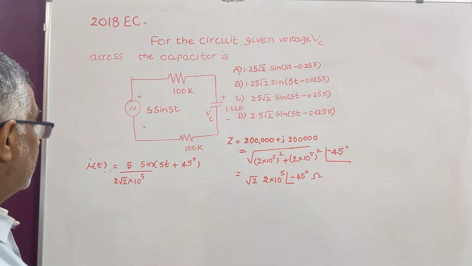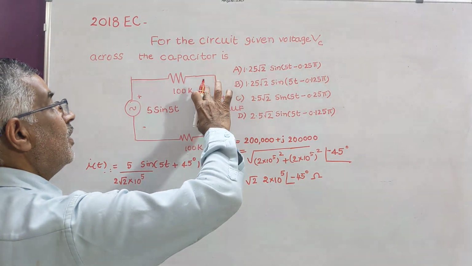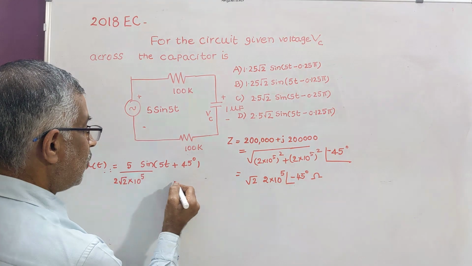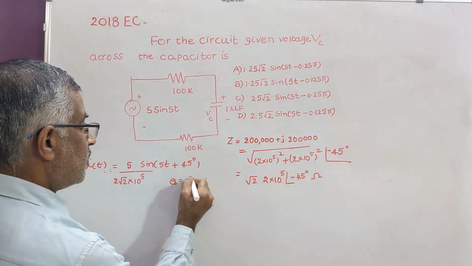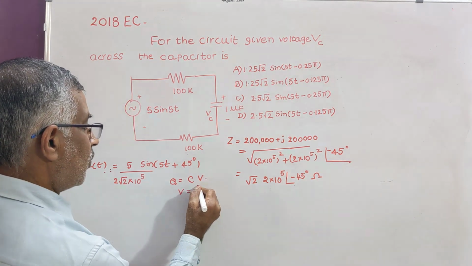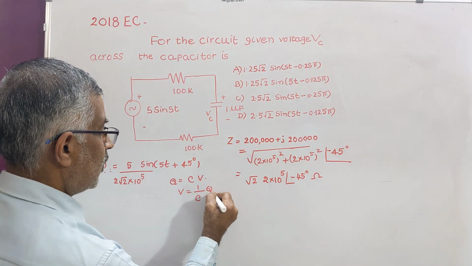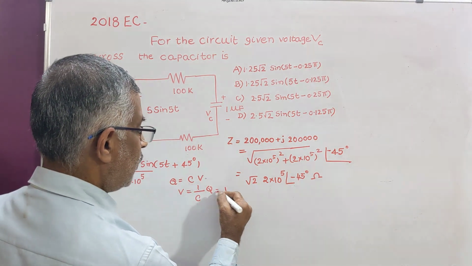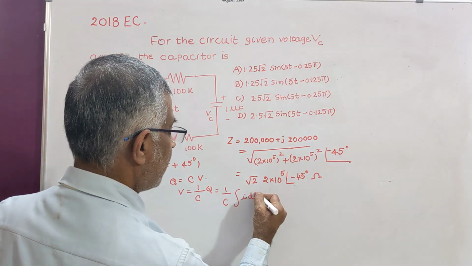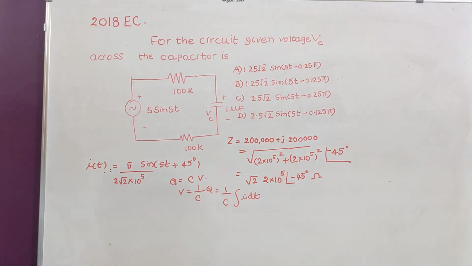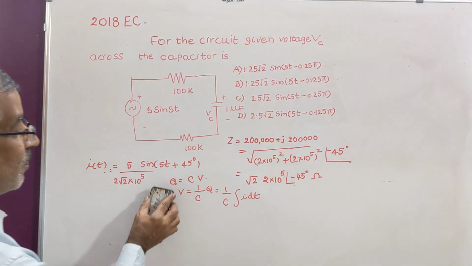Now this is current, but we are interested in voltage across the capacitor. We know that Q equal to CV, or V is equal to 1 by C Q, or 1 by C, Q means integral IDT. So 1 by C integral IDT is voltage.